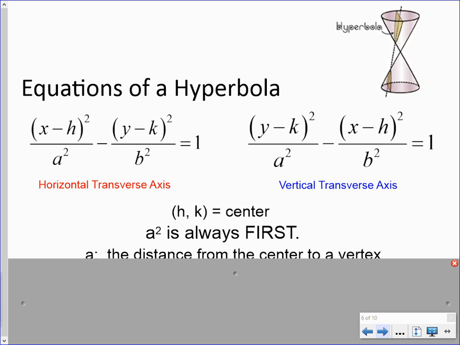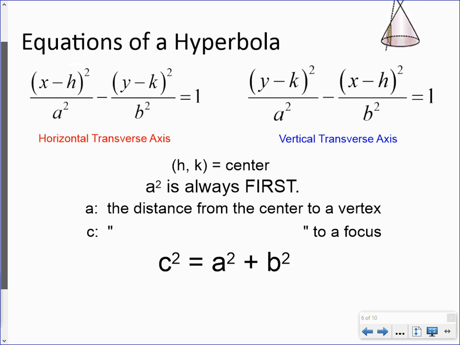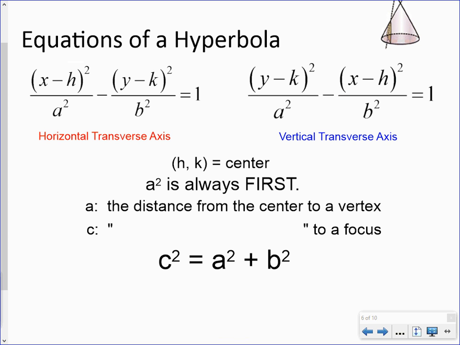Okay. A squared is always paired with the positive one. We always have, like someone mentioned, the minus. Lily told us that there was subtraction there. So a squared is always with the positive, b squared is always with the negative one.